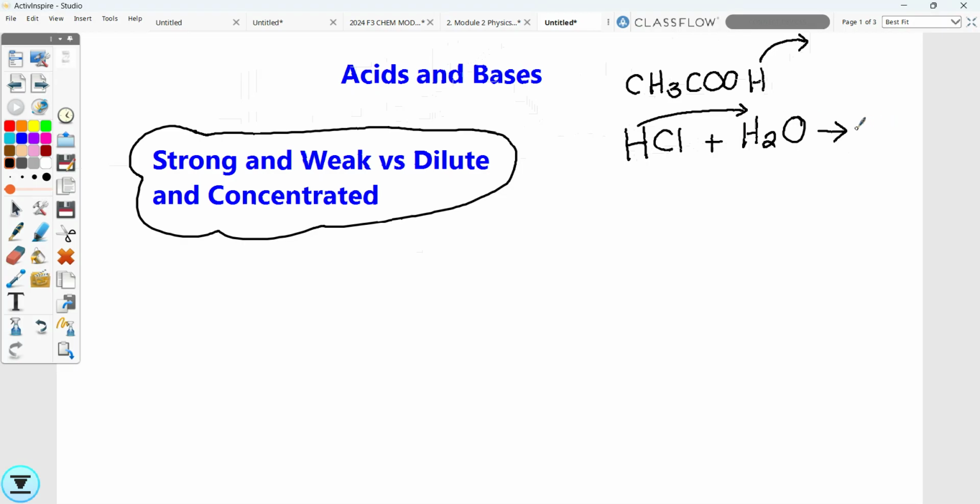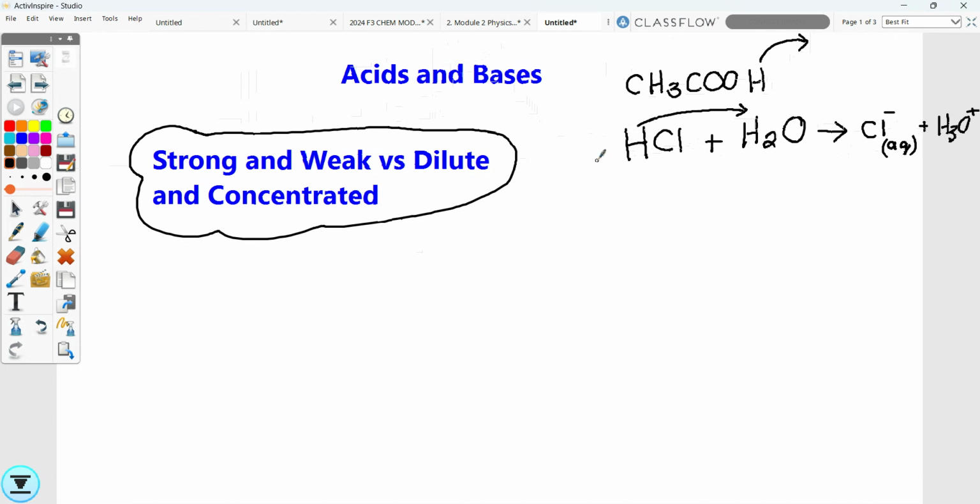You don't have to put the arrow if you just write the equation, but that will form the Cl minus, which is now on its own. Show that you know that they are swimming around, aq, plus H3O plus. Those are the acids. They will always ionize, whether they're weak or strong, so you don't have to worry.